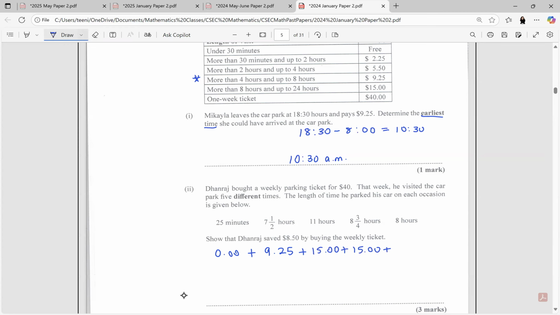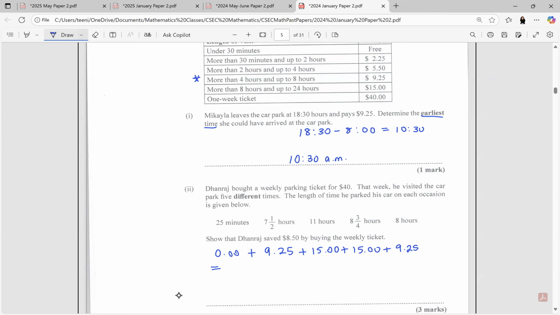And then 8 hours is $9.25. So we finally sum there, right? So that would be, y'all work that out for me. 9.25 plus 15 plus 15 plus 9.25. And tell me what you got.